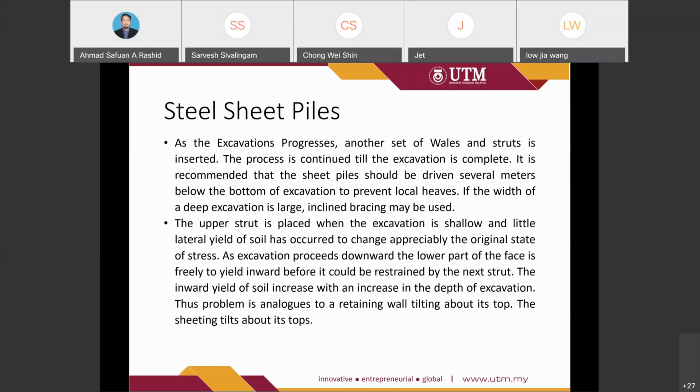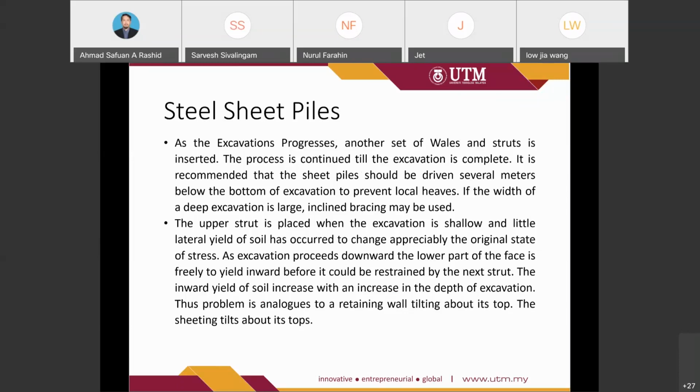to change appreciably the original state of stress. As excavation proceeds downward, the lower part of the face is free to yield inward before it can be restrained by the next strut. The inward yield of soil increases with the increase of the depth of excavation.